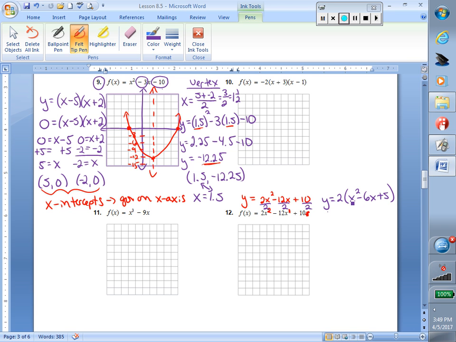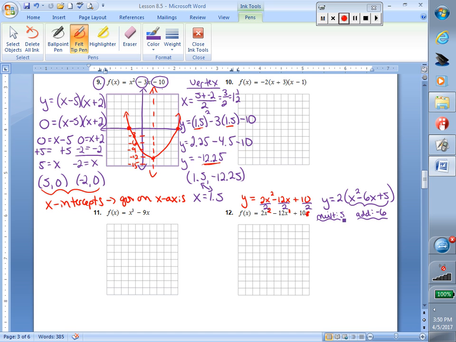Now if we look just inside our parentheses, now we have our quadratic that looks just like number 9. I have a plain old x squared term, an x to the first power, and then my constant. So now I want to find two numbers that multiply to give me 5, and those same two numbers need to add to give me -6. Be careful, the sign has to transfer.